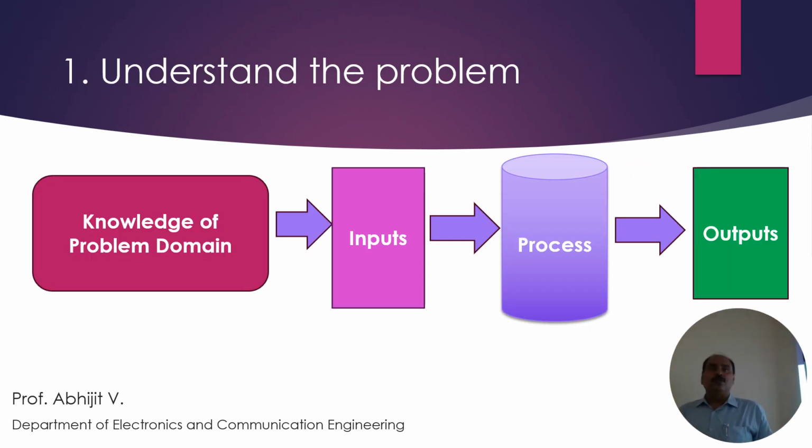So the problem solving process as such, in the problem solving process, we have a few important points that you have to remember. The first thing that you need to do before you solve the problem is to understand the problem. You have different stages which we need to come across while using computer as a model to solve the problems.